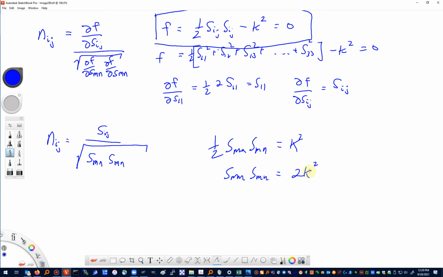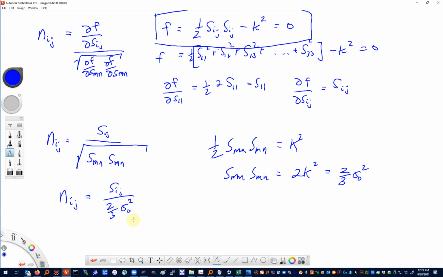It's equal to 2k squared. But we've also seen what k is equal to. K is equal to sigma naught squared over 3. So I can really express, in the case of J2 plasticity theory for isotropic materials, with that.